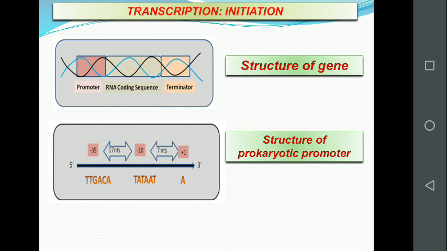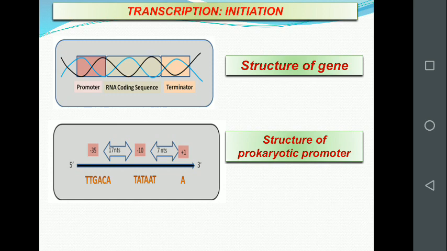If there is no -10 region or -35 region, then the sigma factor doesn't bind the promoter. The RNA polymerase requires the sigma factor for proper recognition of the promoter sequence.